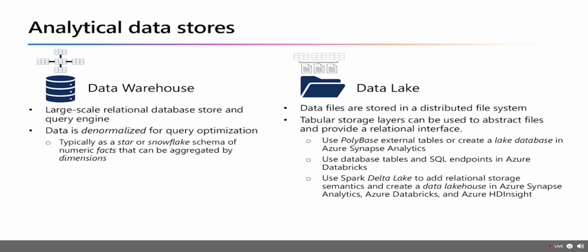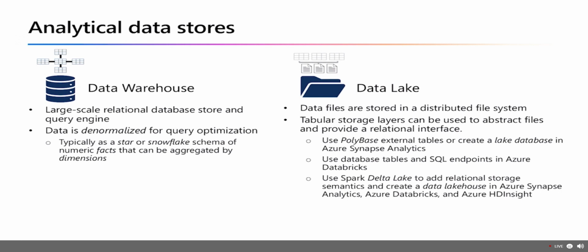A data lake is a file store, usually on a distributed file system for high performance data access. Technologies like Spark or Hadoop are often used to process queries on the stored files and return data for reporting and analytics.